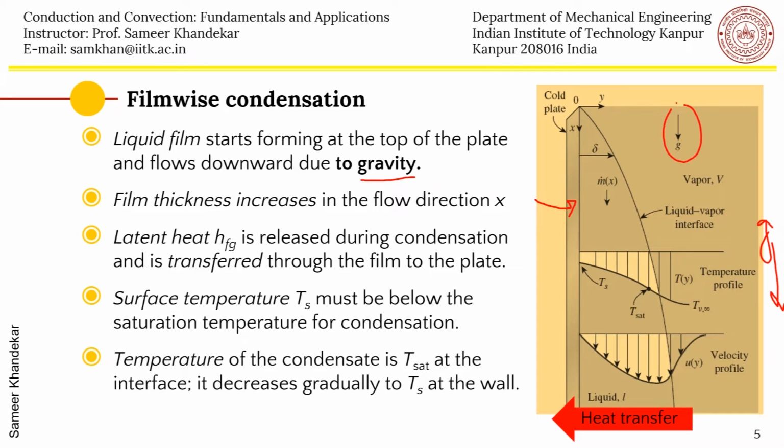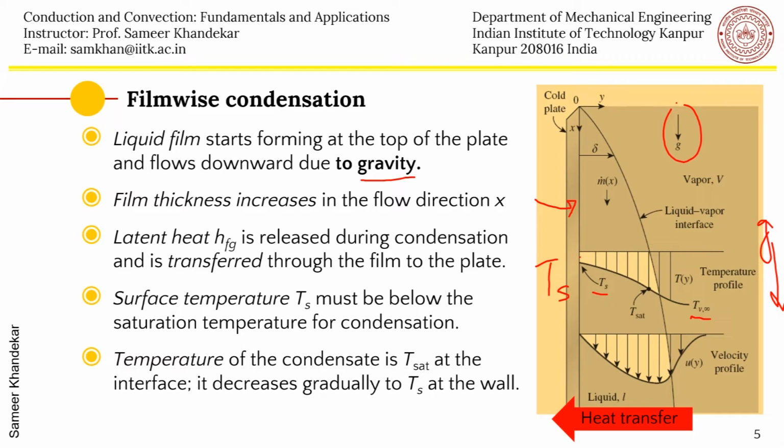So there, far away from this particular film, the vapor may be at a temperature which is T_V infinity, and then naturally it has to become T_sat at the interface, because the phase change has to start, and then the heat has to go towards the colder surface, which is maintained at a lower temperature, T surface, which is lower than the vapor temperature, and you will get a thermal boundary layer, in which of course the film is also flowing down.